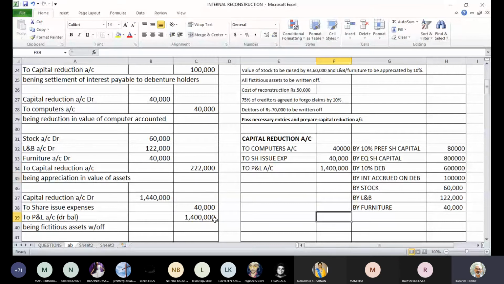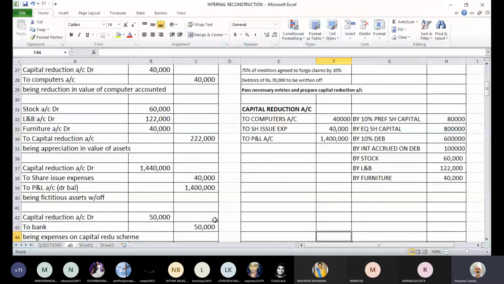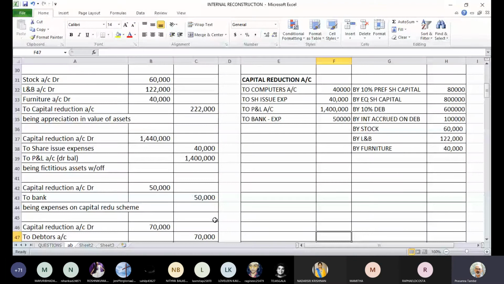Then we have payment of expenses to bank, 50,000 rupees. Then we have written off debtors, 70,000.